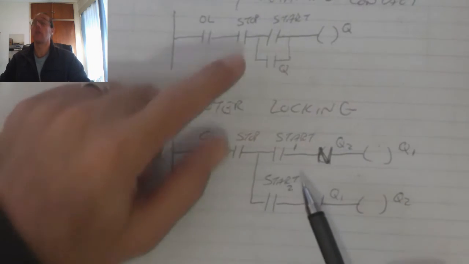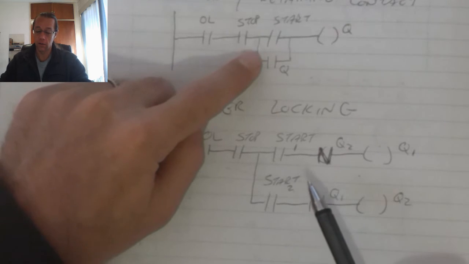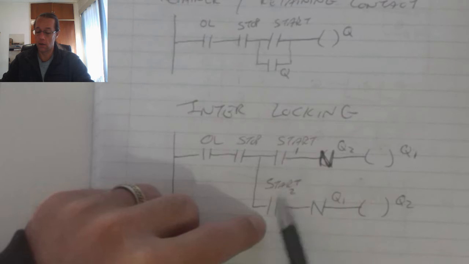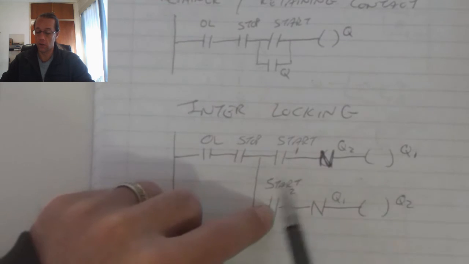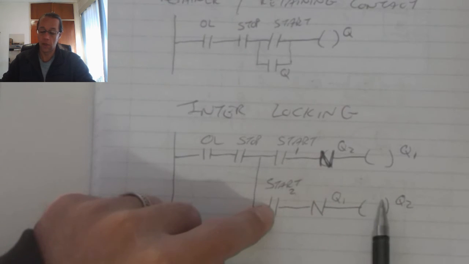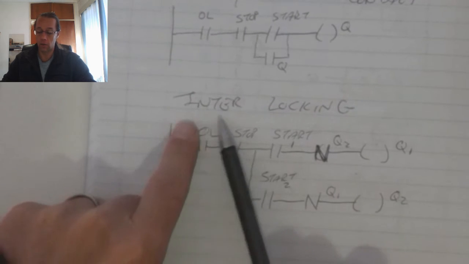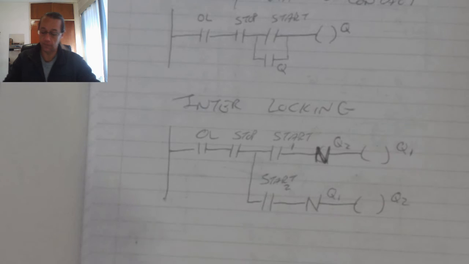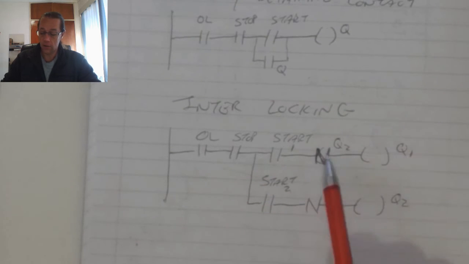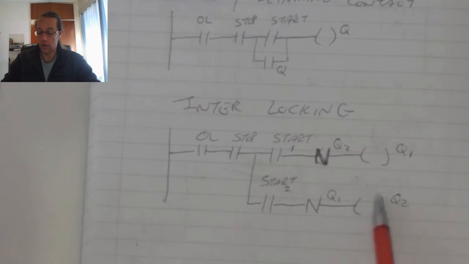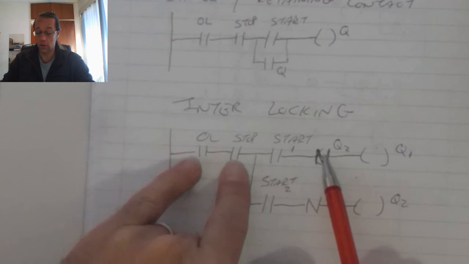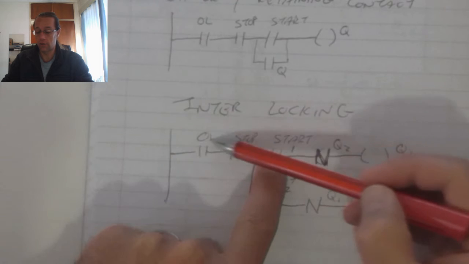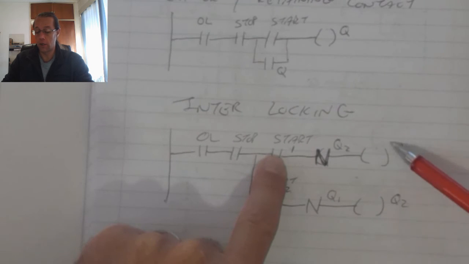Now I can have the same retaining contact concept occur on these start buttons that are linked to their corresponding Qs, but with the interlocking, what we're focusing on is the concept whereby, as this is off, that is closed, the overload and the stop are closed, and when I press the start button, I will now activate Q1.